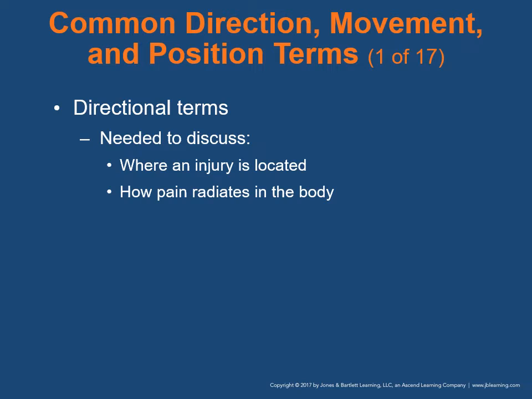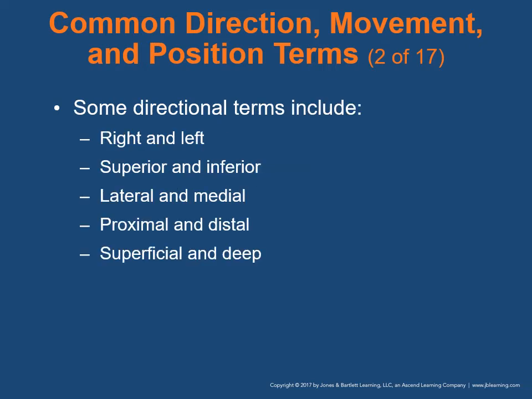Directional terms. Common direction, movement, and position terms. You need to know the correct directional terms to discuss where an injury is located and how pain radiates in the body. Some directional terms include right and left. Those are obvious. Superior and inferior.